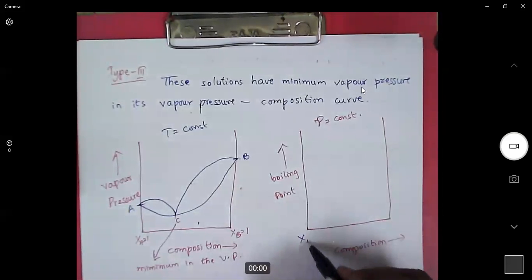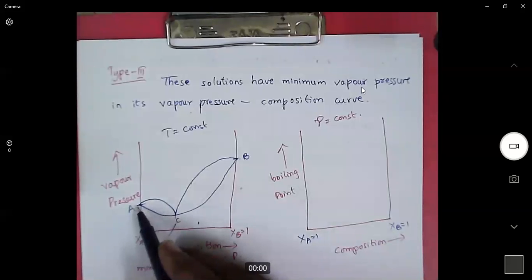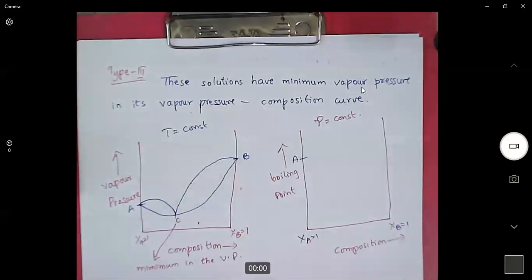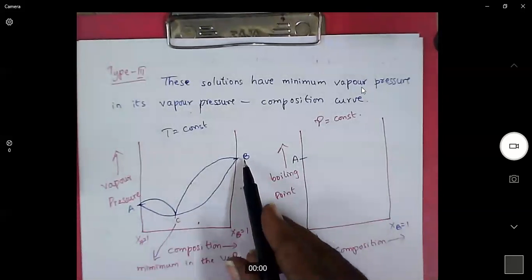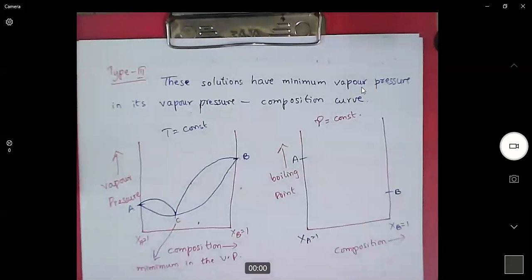This side we represent pure A, this side we represent pure B. See, because A has a low vapor pressure, it will have a high boiling point. Because B has a high vapor pressure, it will have a low boiling point.